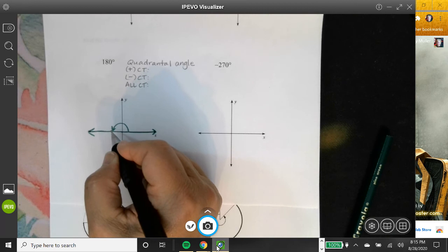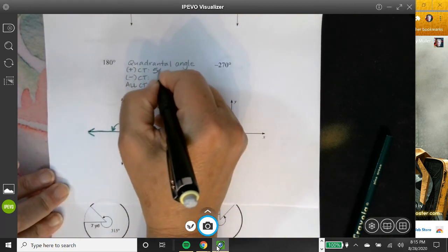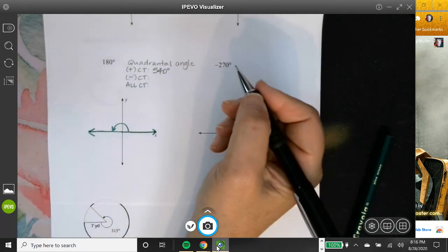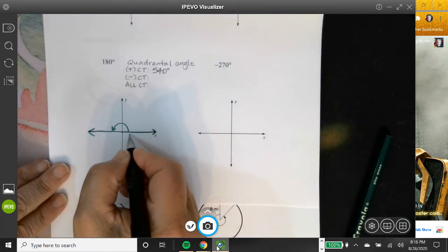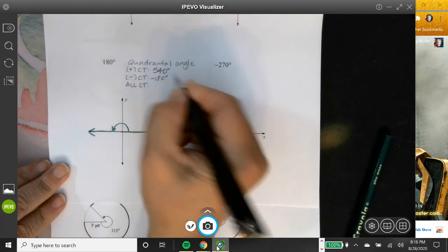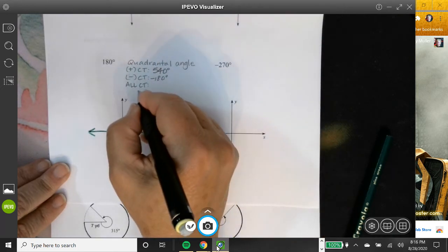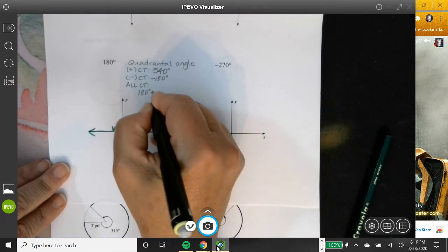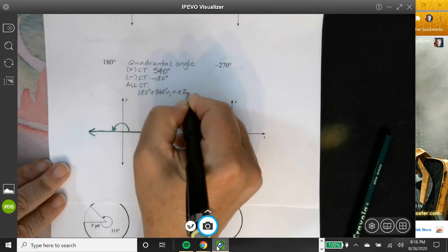So that'll be 180 plus 360, which is 540 degrees. And then it's a real easy negative coterminal because I could start here and end here. And that'd be negative 180 degrees because I'm rotating clockwise. And an expression for all of them would be 180 degrees plus 360 degrees n, an element of the integer set.